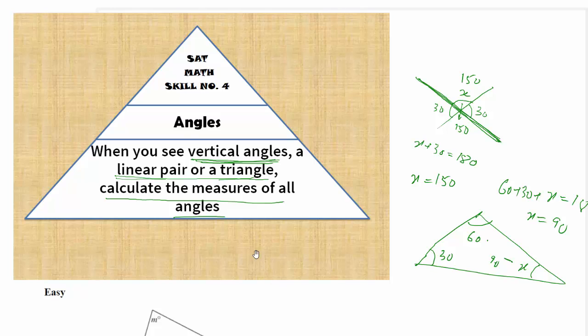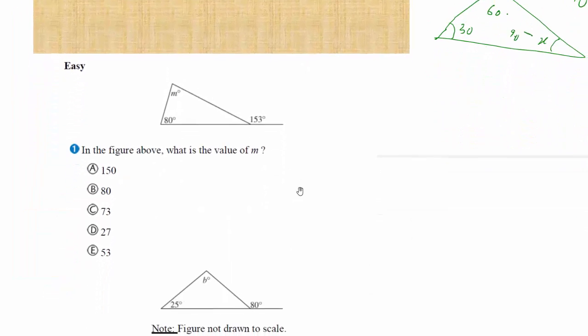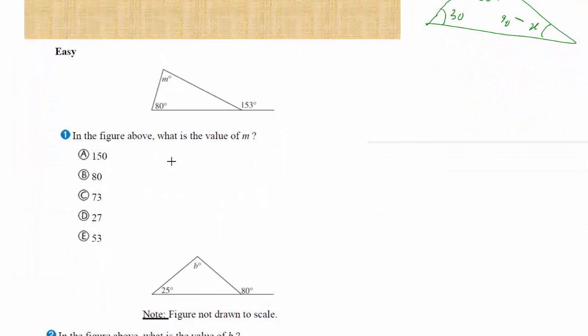Now let us see questions related to this. You have the easy ones here. You have a triangle. In the figure above, what is the value of m? We know that the sum of the angles of the triangle is 180, but we don't know the third angle. We know the linear pair: you have a line, and one more line cutting this line, so the sum of these angles will be 180.